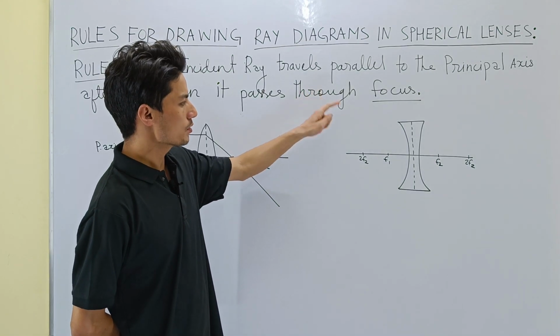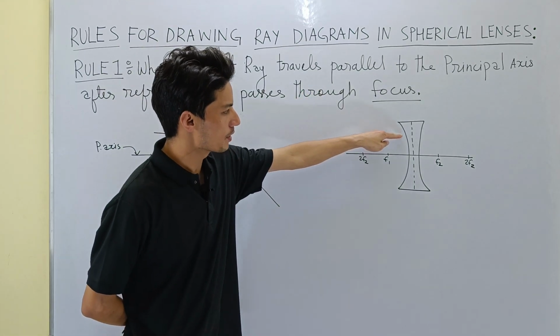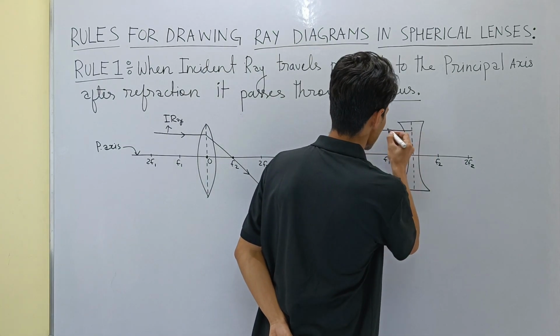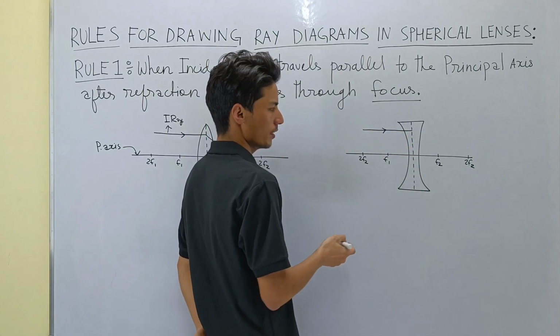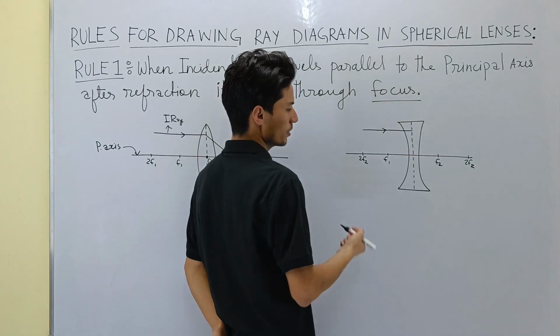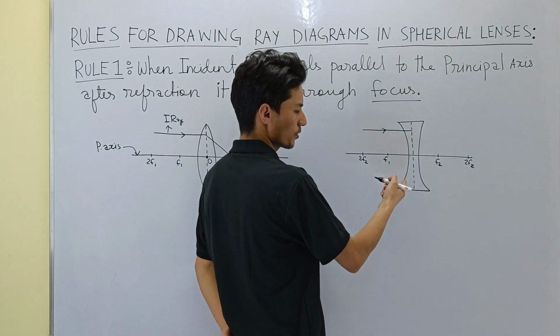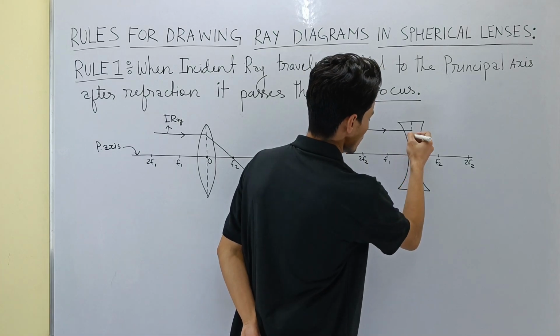We're at rule 1, so the incident ray should travel parallel to the principal axis. The incident ray is here, traveling parallel to the principal axis, and now refraction will take place. After refraction it will pass through focus, but this is a concave lens, so be careful here.